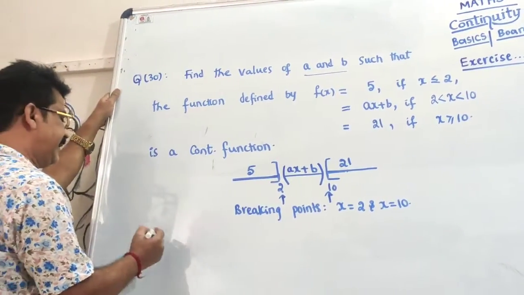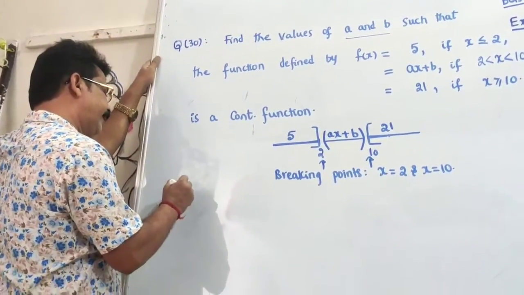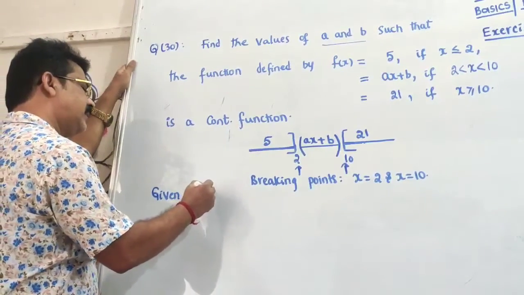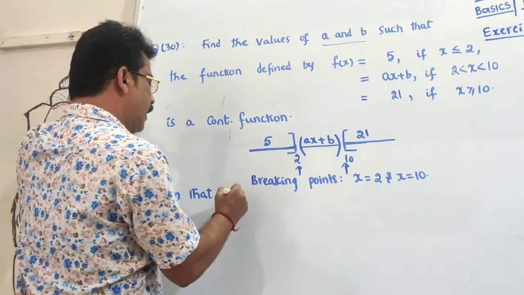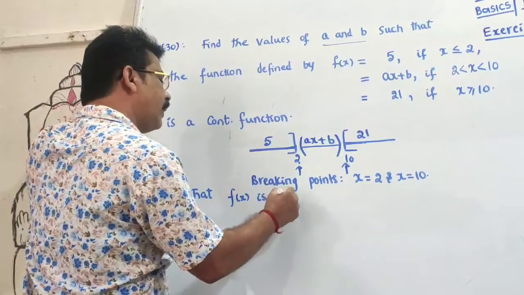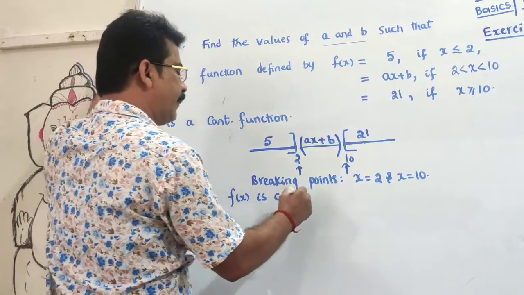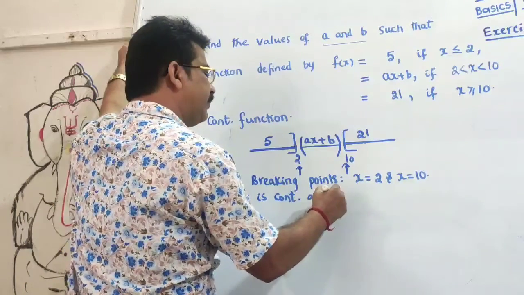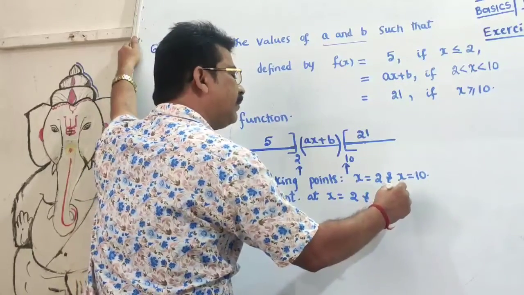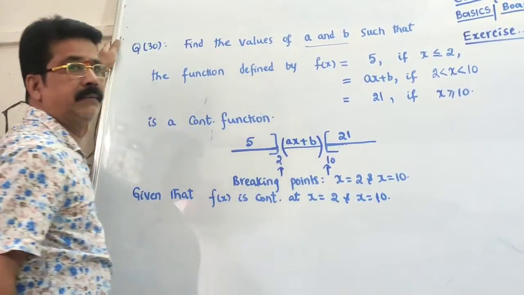It is indirectly given that f of x is continuous at x equal to 2 and at x equal to 10.